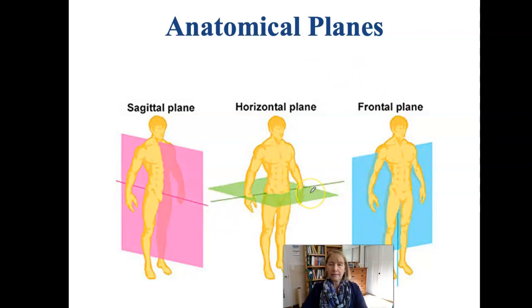Horizontal plane. And then the third one is the sagittal. So here again, we're slicing from head down to toe, but here we're dividing it right to left, and that is the sagittal plane. So we did sagittal, horizontal, right across the middle, and frontal, allowing the front to be separated from the back. Those are the planes.